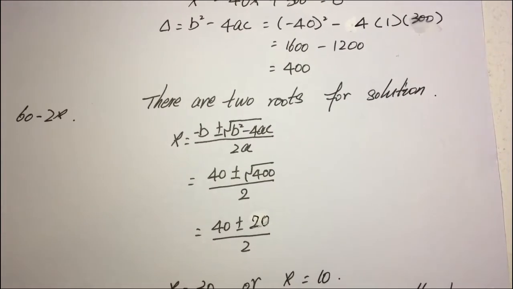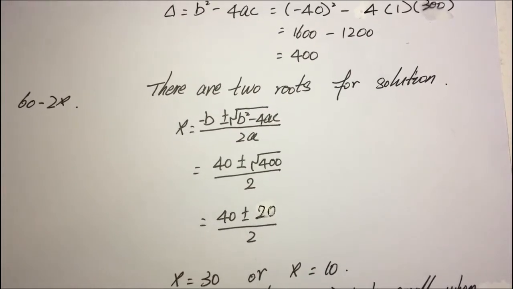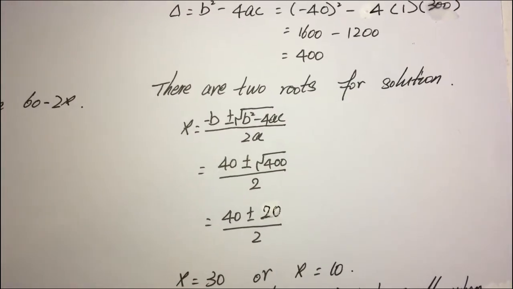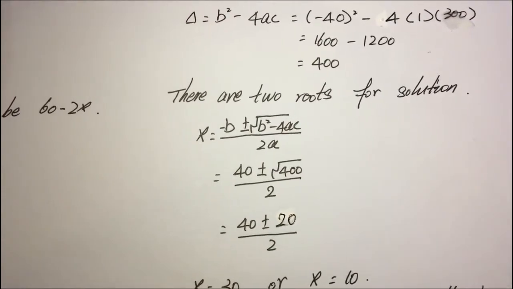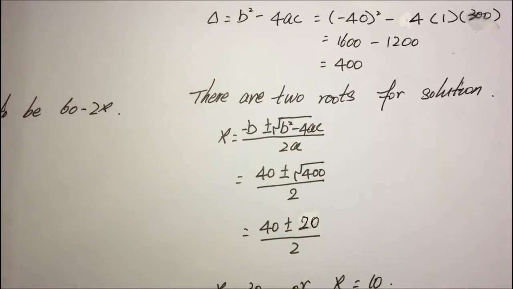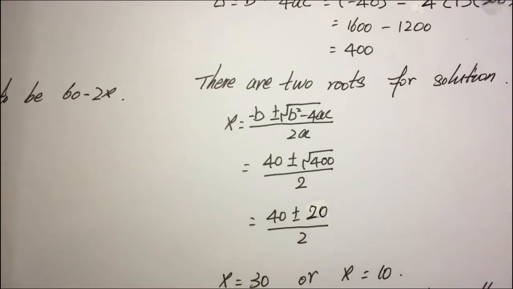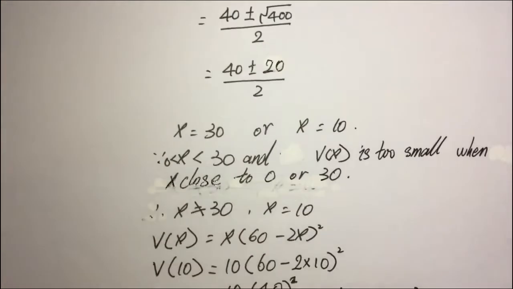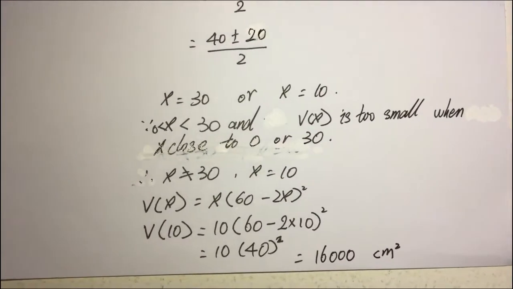Then we can calculate x using x equals minus b plus or minus the square root of delta, divided by 2a. So then we will have two solutions, one is x equal to 30 and the other one is x equal to 10.